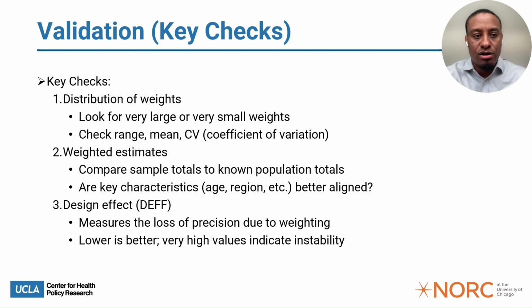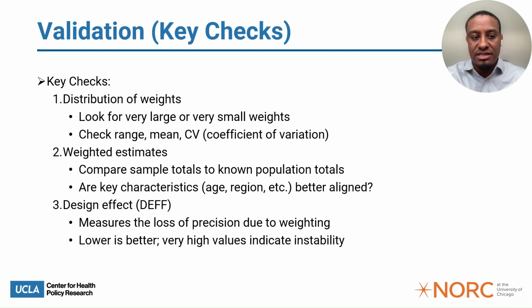And lastly, we can also check the design effect. When we adjust the sample weights and depart from self-weighting, where all the units have the same weight, we add additional variability to our estimates. We want to check that we have not added too much variability so that the estimate becomes unstable.